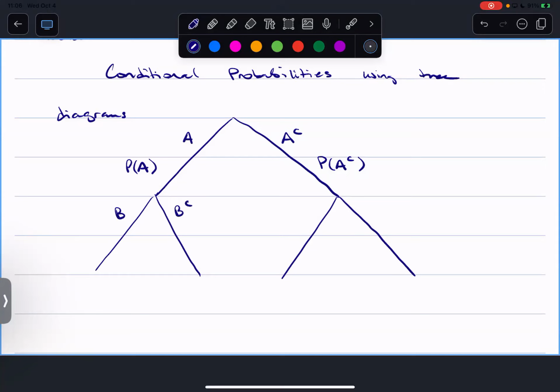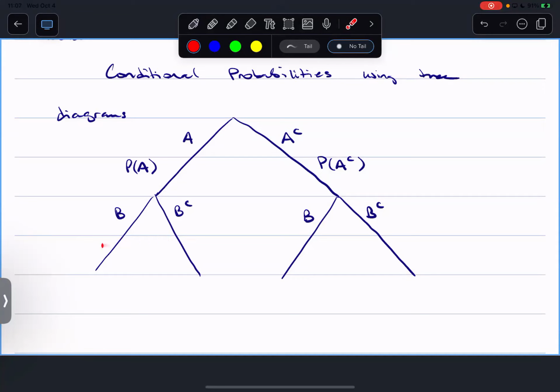So either B happens or it doesn't happen, depending on what happened down these branches. There are scenarios where the probability of these is 0. For example, maybe if A didn't happen, then B just can't happen.